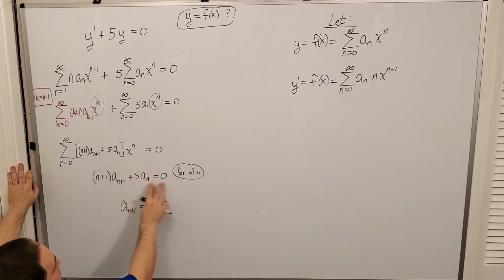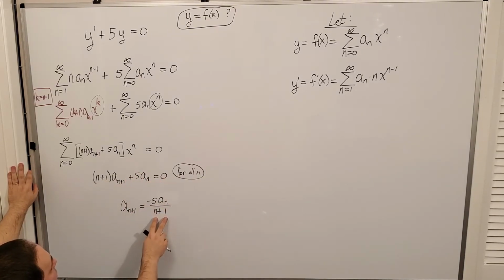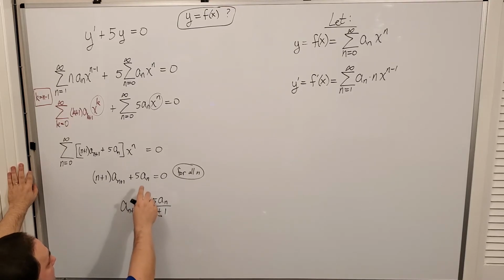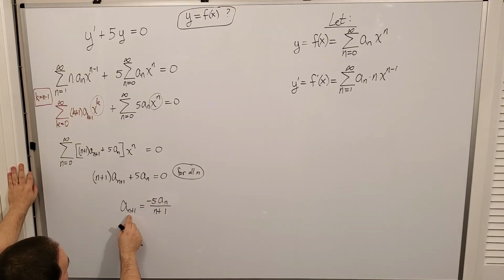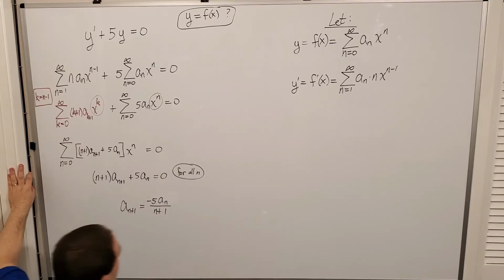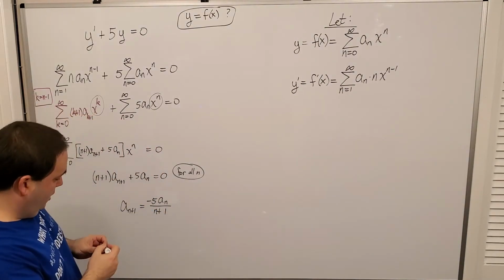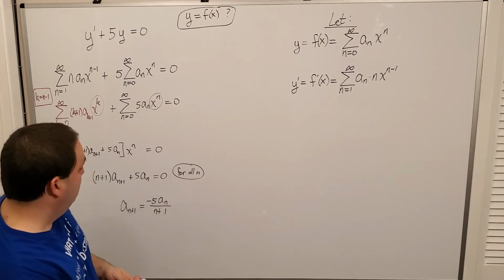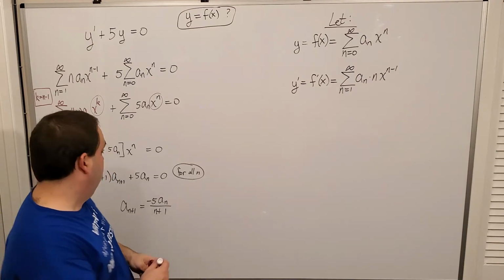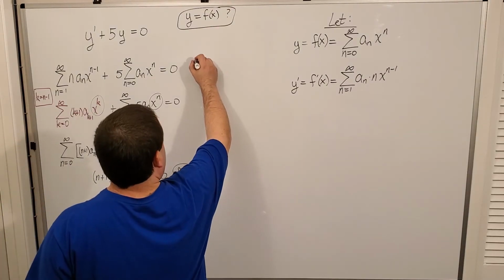What I did was I just subtracted this over and I divided by n plus 1. So what I have here, like I was saying, is a recursive statement where if I know one term, I can plug it in and get a value for the next term. Okay, so let's write out a list here so that you can get an idea of what's happening here. Okay, so I'm going to start.